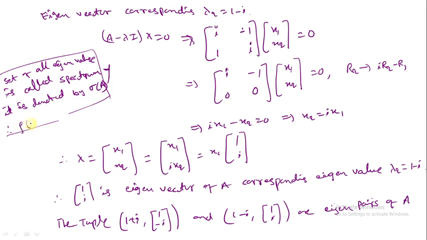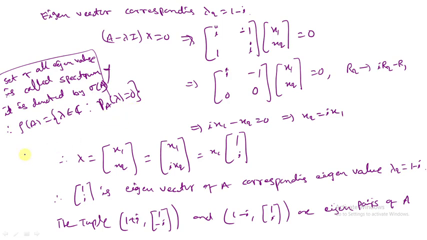Sigma A equal to the set of all eigenvalues lambda, real or complex numbers, such that p A of lambda equal to 0. This is the one.